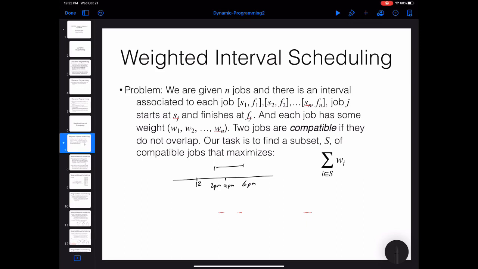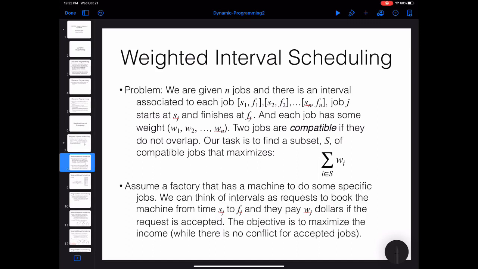These two jobs are going to have conflict, right? You cannot do both of them. Either you are going to choose this job or this job. So the set of jobs that I wanted to choose is all of them should be compatible. There is no conflict between them.